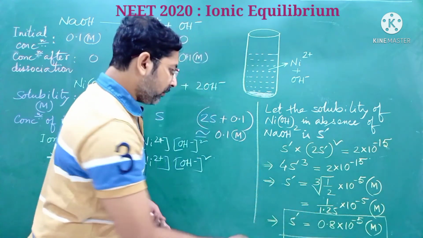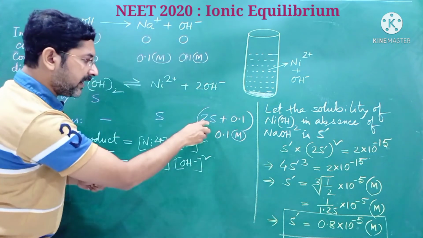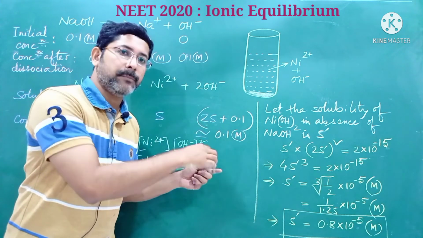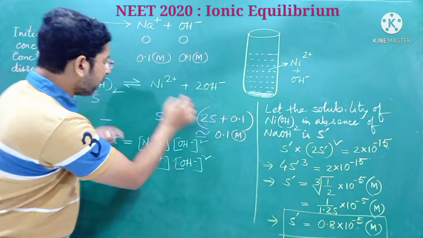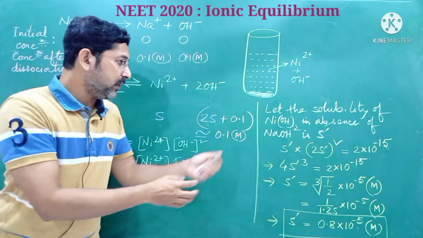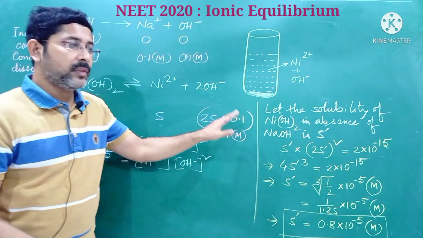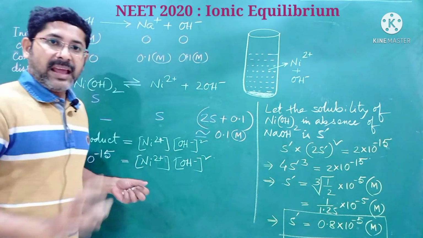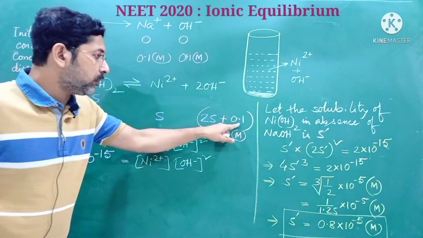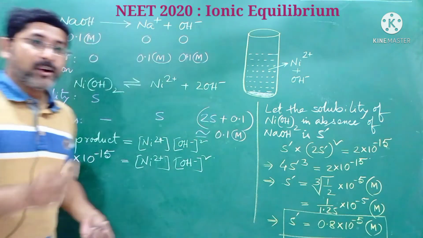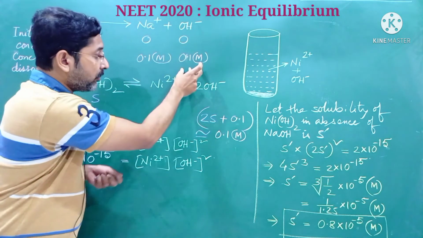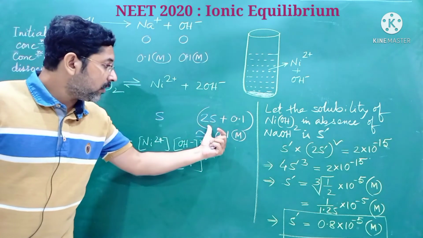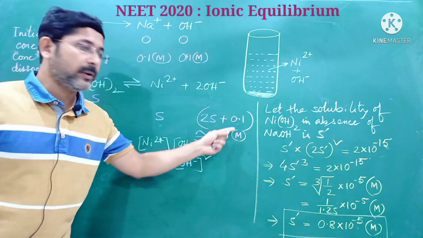This term can be neglected with respect to 0.1. You will find this concept in many problems where the solubility of sparingly soluble salts can be neglected with respect to the concentration of the strong electrolyte. On top of it, in presence of sodium hydroxide, its solubility becomes further decreased, so we can obviously neglect this portion with respect to 0.1.